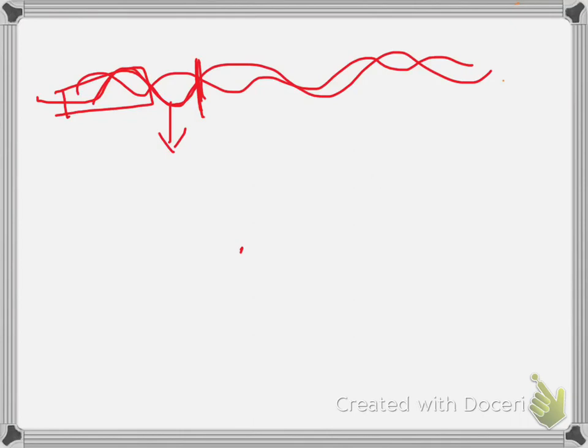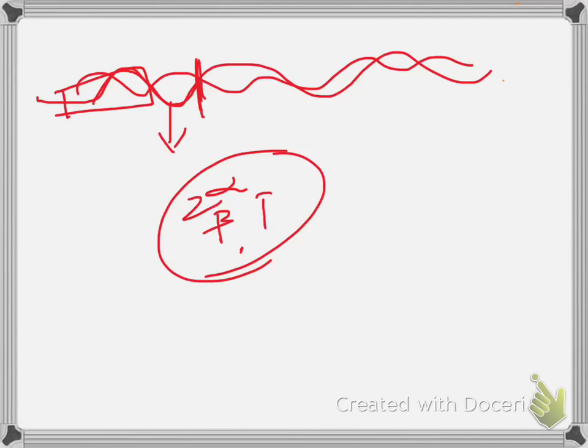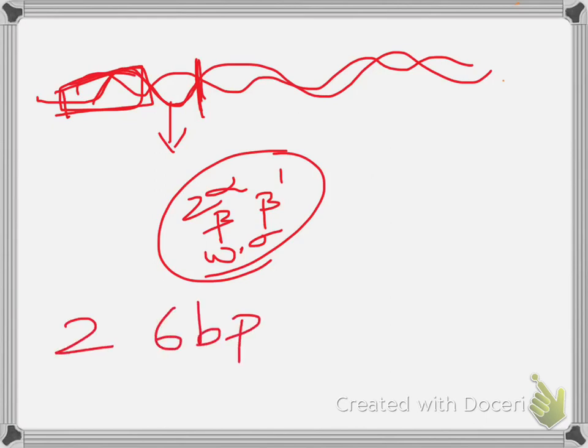The RNA polymerase contains subunits: 2 alpha, beta, beta dash, omega and sigma. The RNA polymerase scans the promoter site, and this promoter contains two 6 base pair sequences.